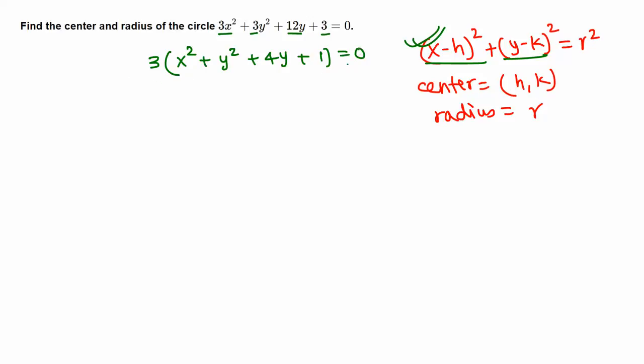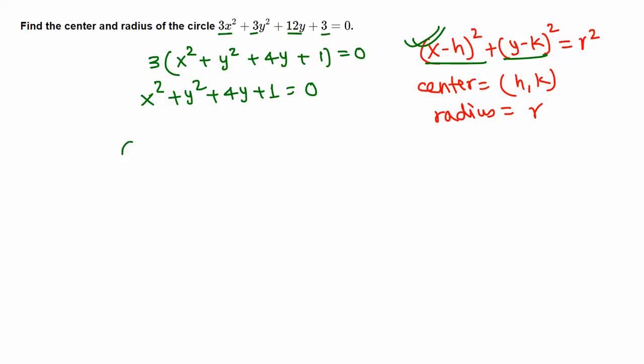Now divide both sides by 3. Then we get x squared plus y squared plus 4y plus 1 equals 0, since 0 divided by 3 is still 0. So we have kind of a normal equation. Now we need to write it in this form.